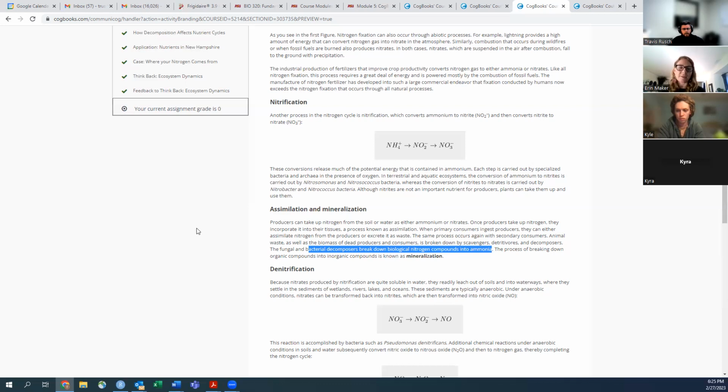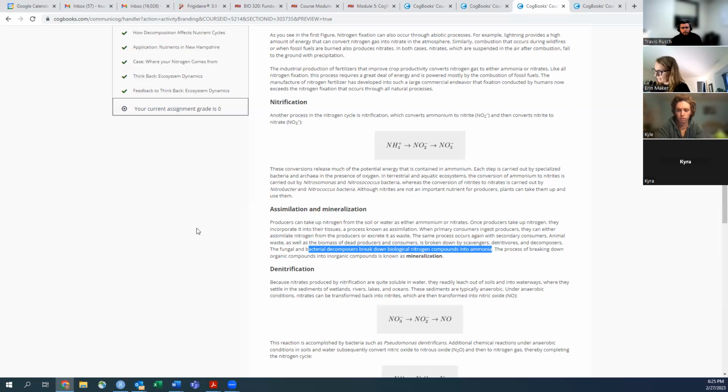Yeah, I mean, this just goes back to Cogbooks, it doesn't always explain things very well. Yeah, I agree with that. It took a few seconds for me to pull it out, and I don't think it's done the best way because, like I said, it uses different words, biological versus organic, so it's not even consistent. So I agree with that. It's definitely challenging to pull it out of the text.